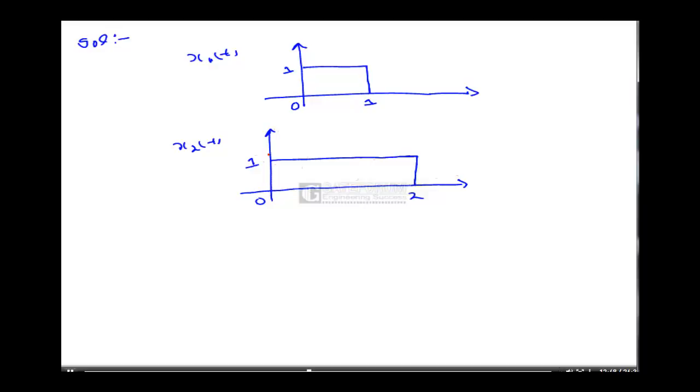Now how to do that? Keeping x2(t) as fixed, time reverse and time shift x1(t) visually. So if I find x1(t minus tau), then it will be something like this.